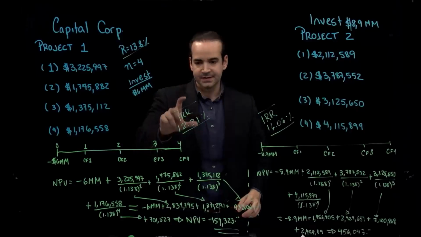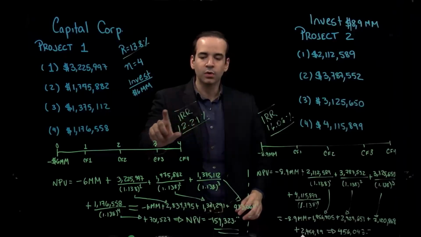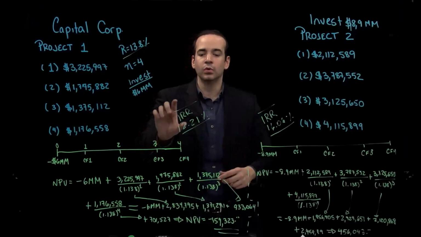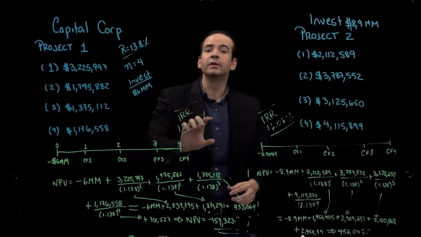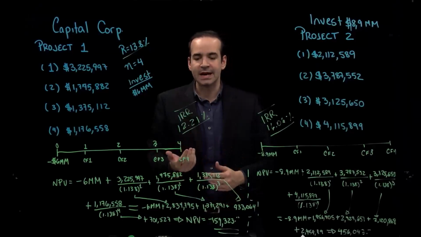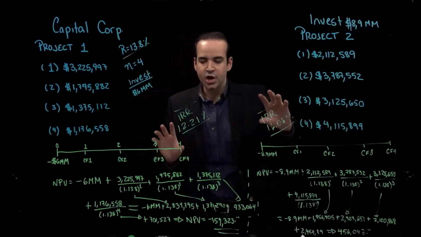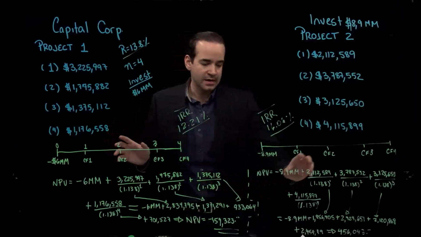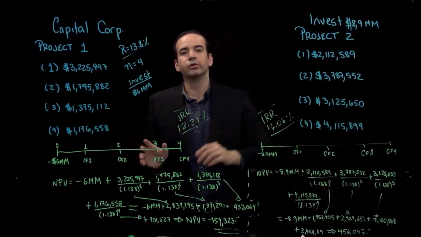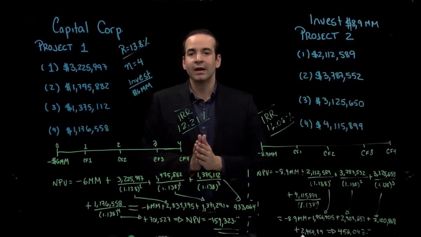So this is another method, and you may want to check another video where we learn how to calculate the internal rate of return and the foundations behind it, so you can be clear. Not in all cases are net present value and internal rate of return going to agree.